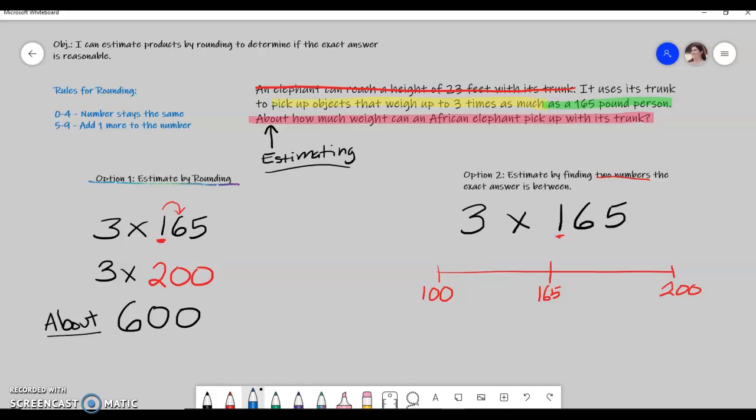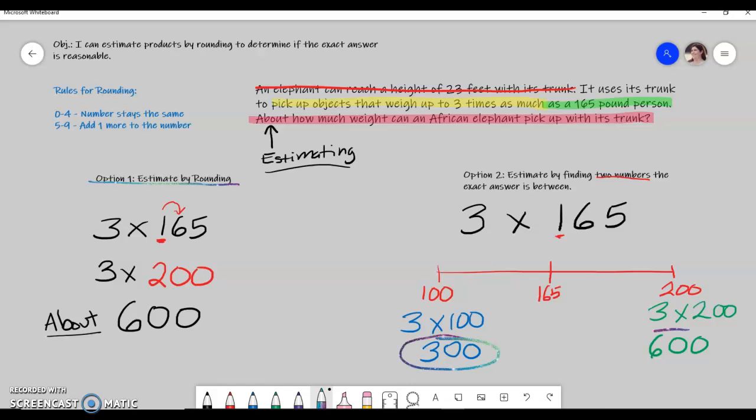Now I'm going to solve 3 times 100, and then 3 times 200. 3 times 100, basic fact, 3 times 1 is 3, and then I add my zeros. And then 3 times 200, basic fact, 3 times 2 is 6. Add those zeros. What this shows is that my answer for 3 times 165, I'm estimating it, and I can say that my answer will be between 300 and 600, and that is just another way to estimate.